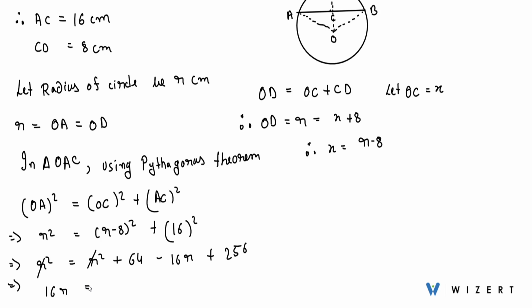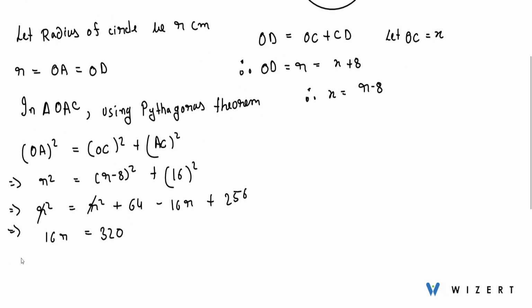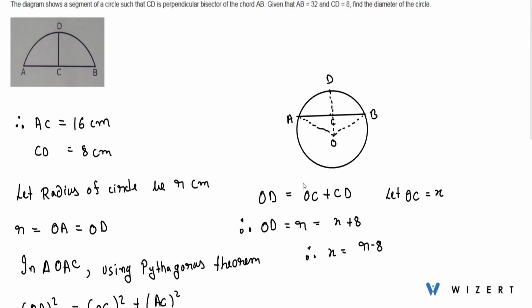So 256 plus 64 will be equal to 320. Now divide both sides of the equality by 16. So R will be equal to 320 upon 16, which is equal to 20. Therefore radius equals 20 centimeter.